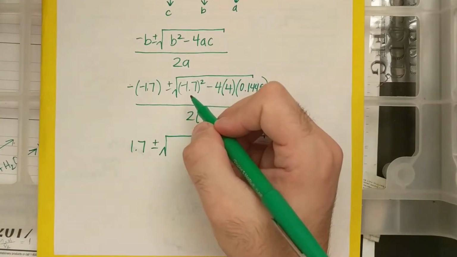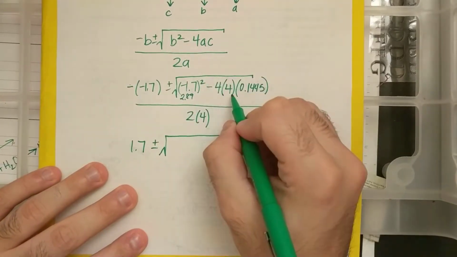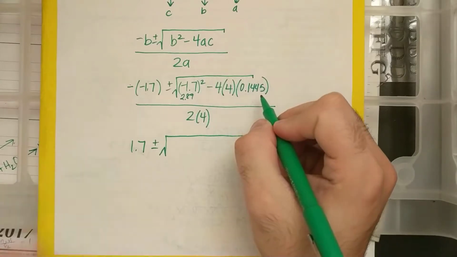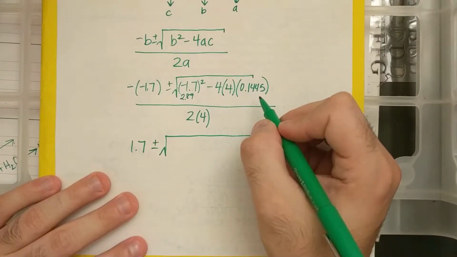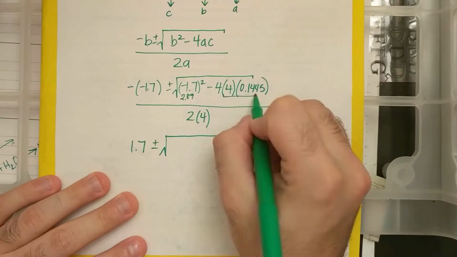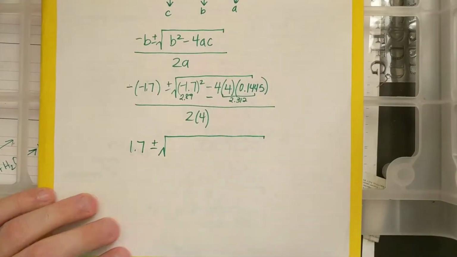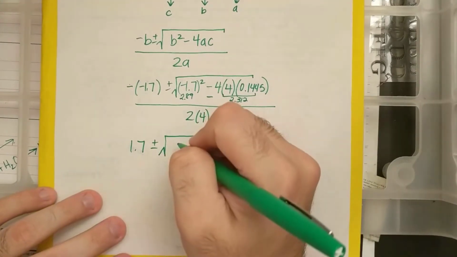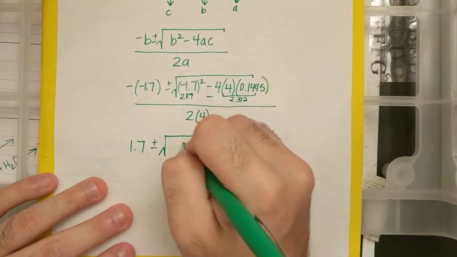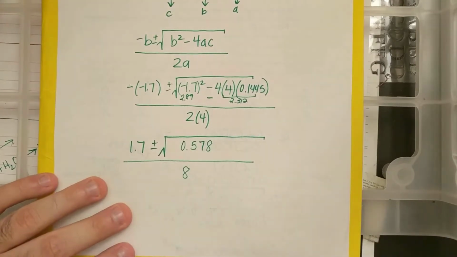So negative 1.7 squared is 2.89, and 4 times 4 times 0.1445 is equal to 2.312. So 2.89 minus 2.312 is equal to 0.578. So that's going to be the square root of 0.578 all over 8.